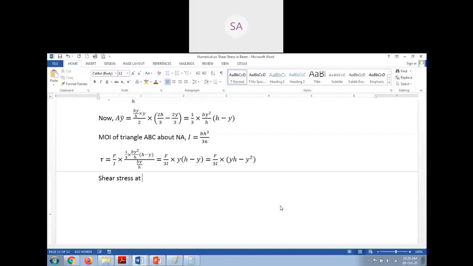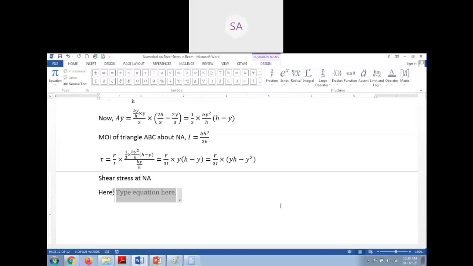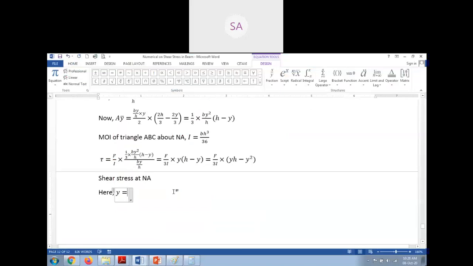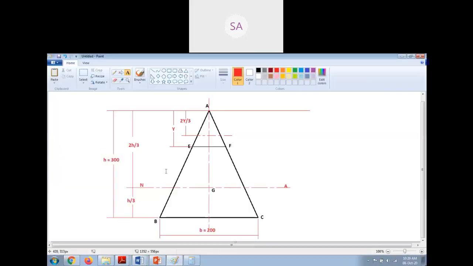Shear stress at the neutral axis. Here, y is equal to what? 2h by 3. Now I will start substituting the values. 2h by 3, so this is equal to 2 by 3 into how much is h?